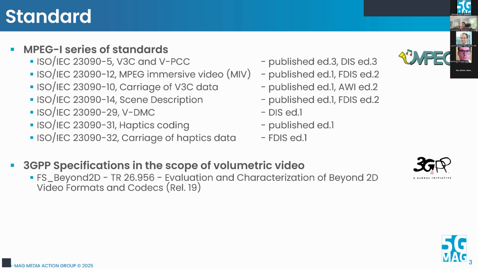Haptics has been published, first edition. This work also relates to 3GPP, where there is a feasibility study for Beyond 2D video in which some of these codecs are studied.